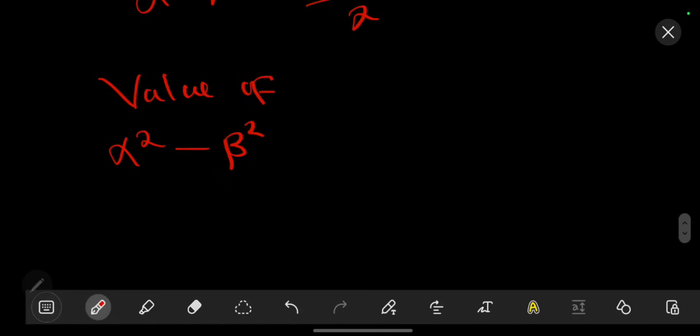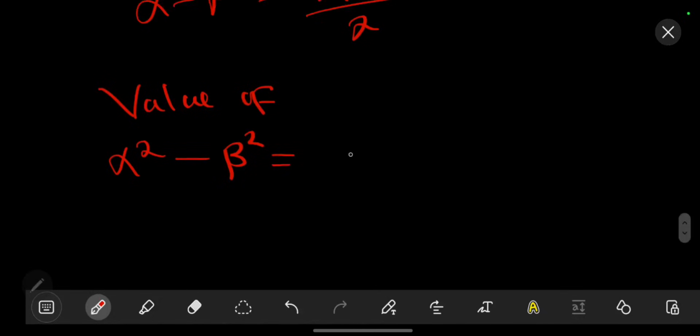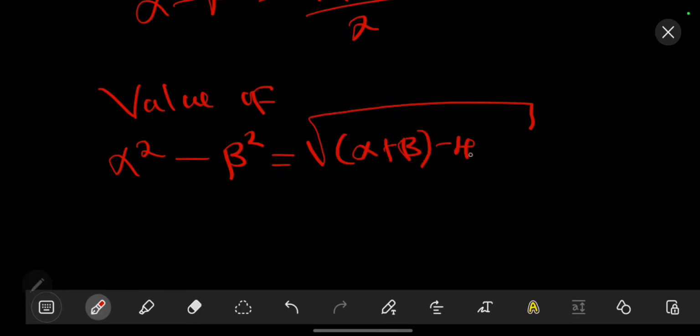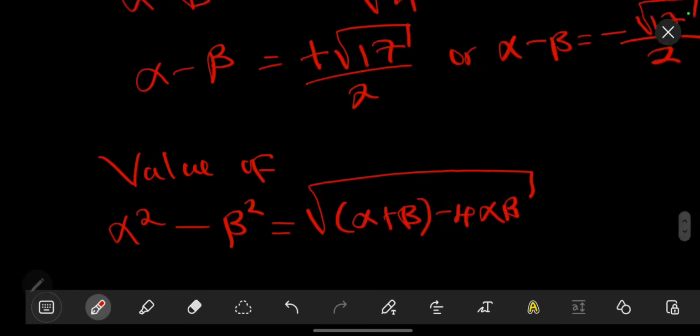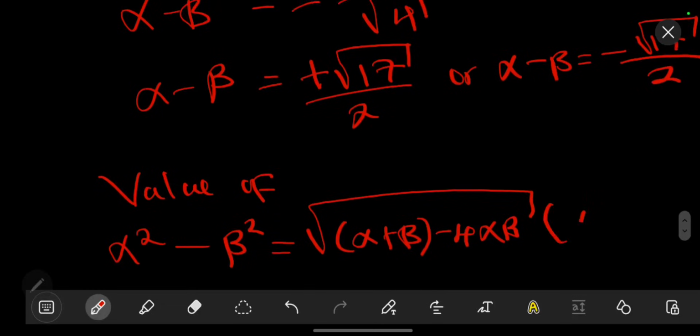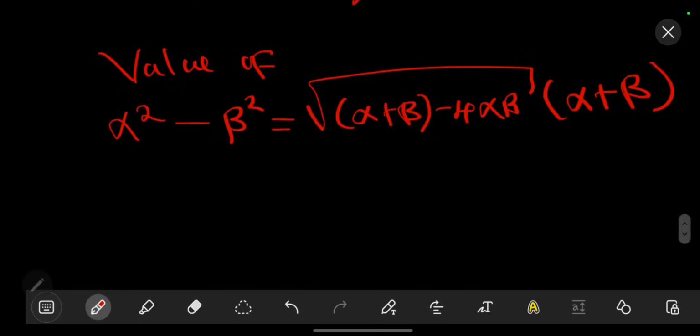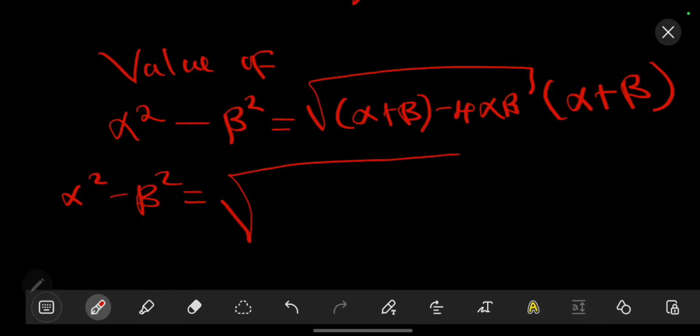So this shall be equal to, we know the identity, the square root of alpha plus beta squared minus 4 alpha beta, then times alpha plus beta like that. Then our alpha squared minus beta squared should be equal to the square root of, and alpha plus beta we know is equal to 5 over 2.